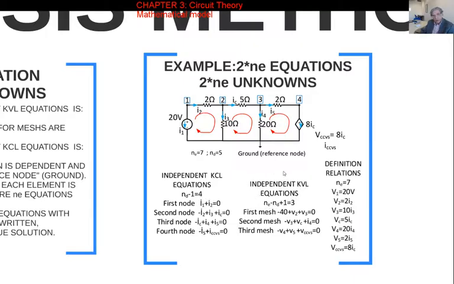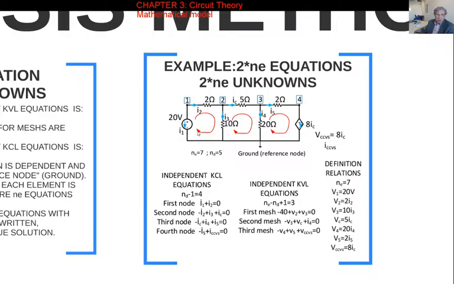Independent voltage law equations, we're going to write for the meshes. We've got 3 meshes, in the order: first mesh, second mesh, third mesh. The first mesh is this one, and in this mesh we've got 3 elements. We're going to add those elements' voltages equal to 0. So how are we going to write these voltages?